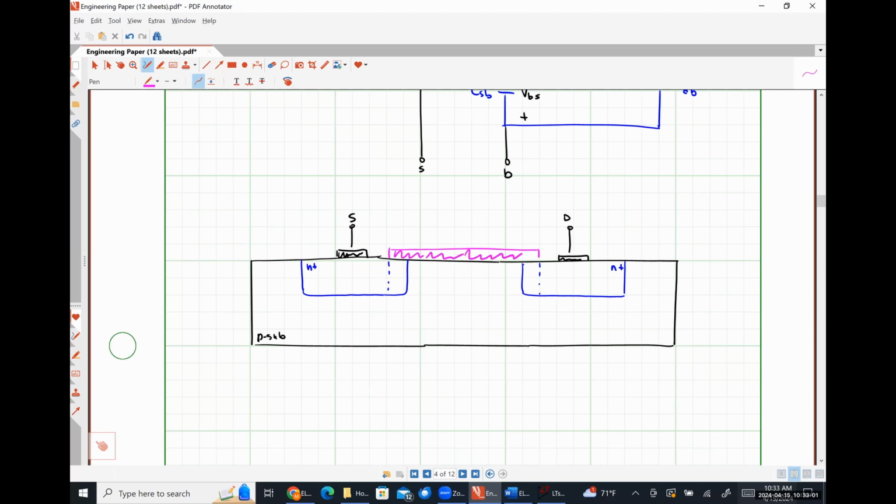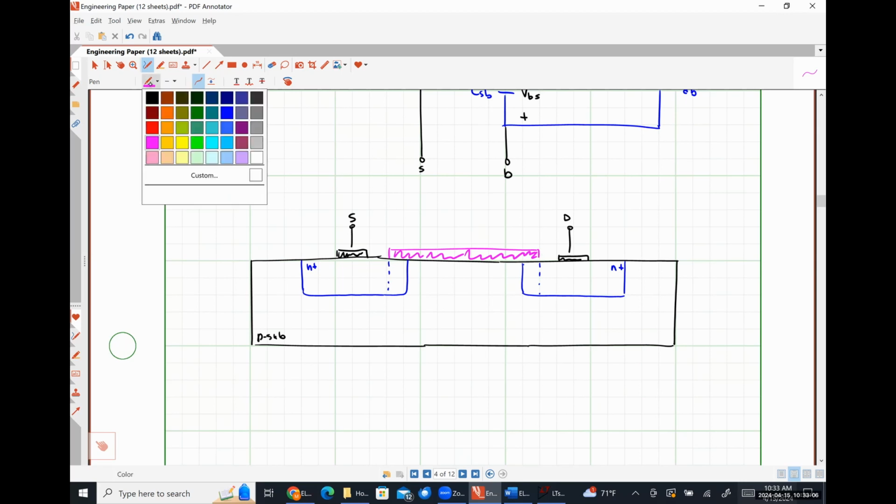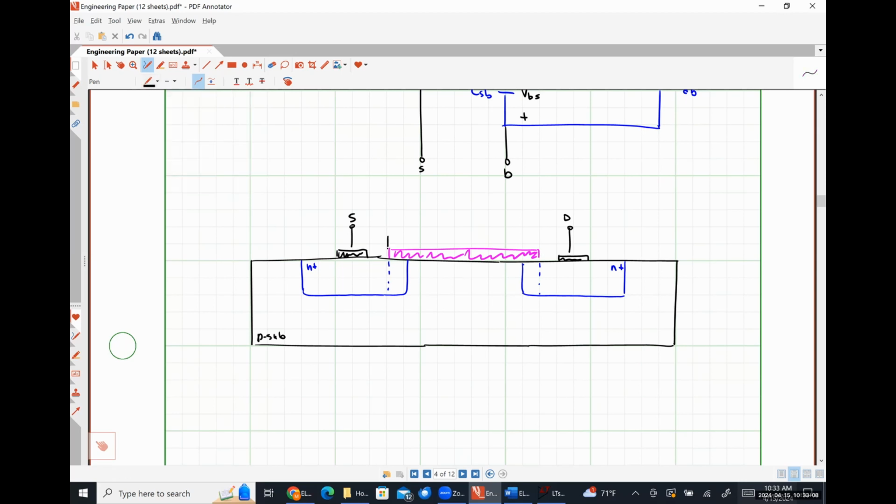This right here is my oxide layer, which realistically I should have drawn in gray, but I didn't, so it is what it is. Okay, like so.